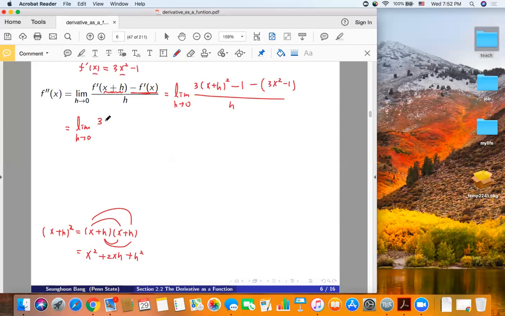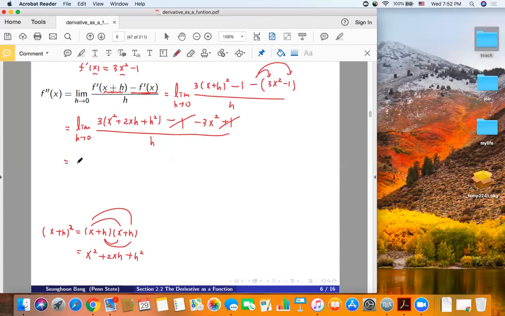So we have x squared plus 2xh plus h squared, minus 1. For the remaining terms, distribute the negative: minus 3x squared plus 1, over h. What happens? The 1 is cancelled.